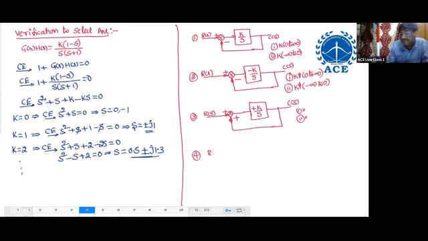Fourth problem: R of S, summing point, minus K by S, C of S, plus K. Same thing, 0 to infinity and minus infinity to 0.